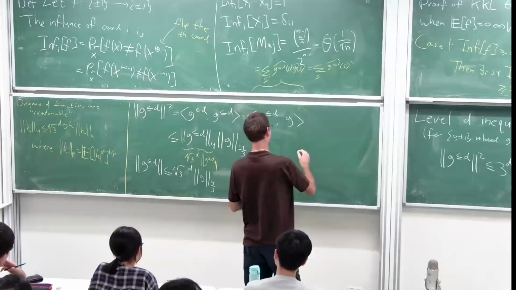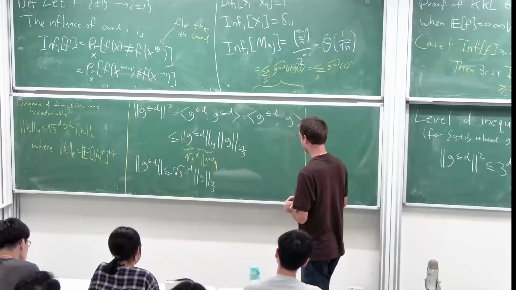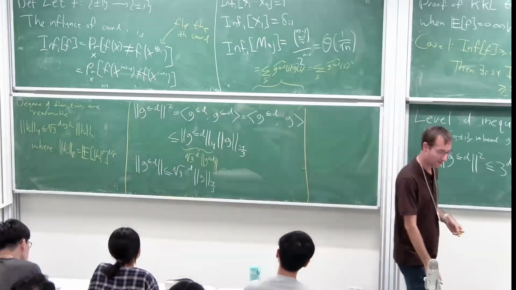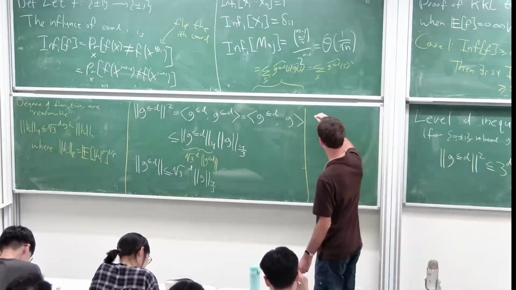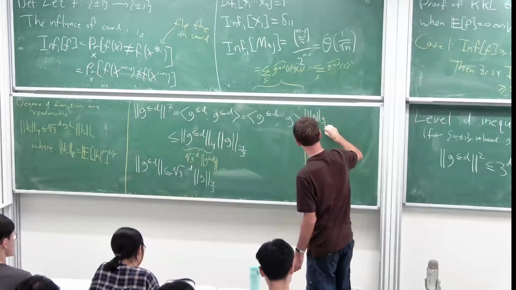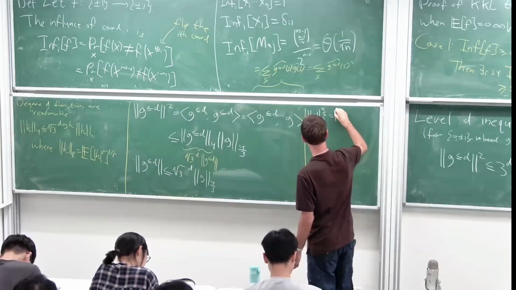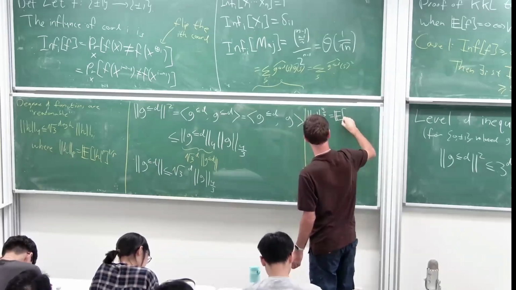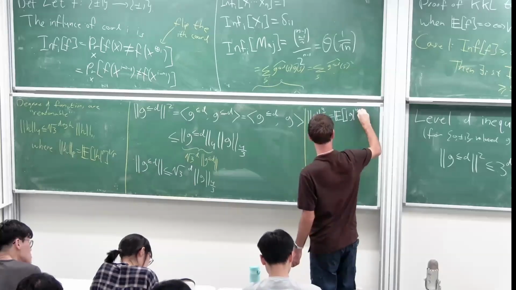So we observe, if you look at the 4/3 norm of g raised to the power 4/3, then this is the expected value of absolute value of g to the 4/3.